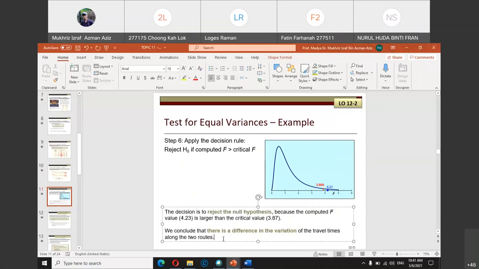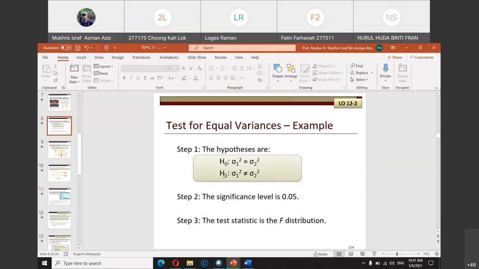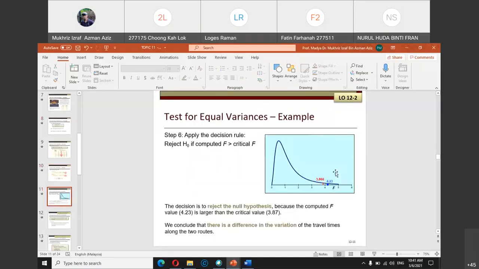We conclude that there is a difference, because this is what your H1 is: there is a difference between the two variances. Because we reject H0, we can support H1, which means there is a difference in the variation of the traveling times along the two routes.